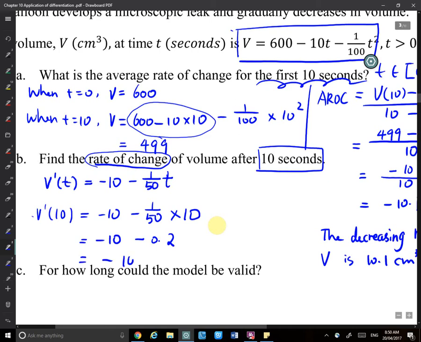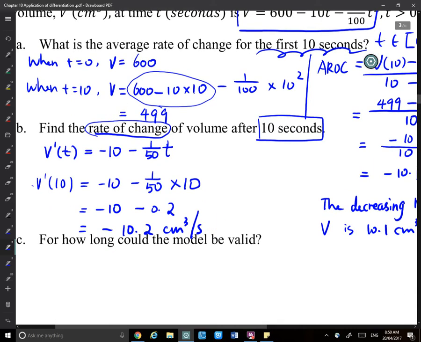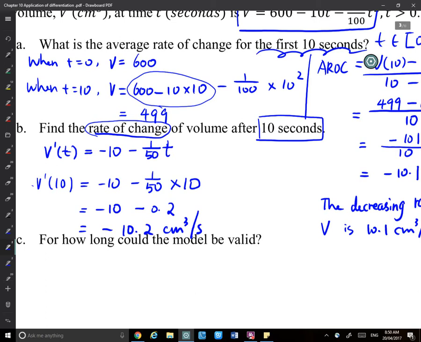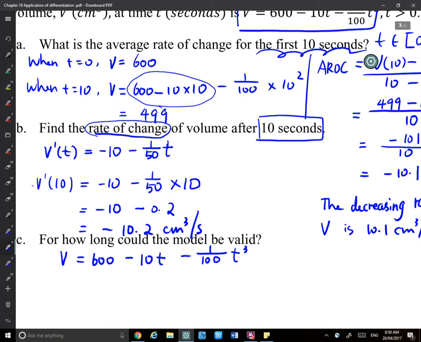So that is negative 10.2 centimeter cube per second. Same, if asked to explain your answer, you say the instantaneous decreasing rate at 10 seconds is 10.2 centimeter cube per second.